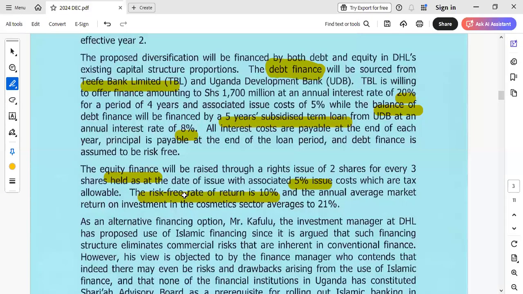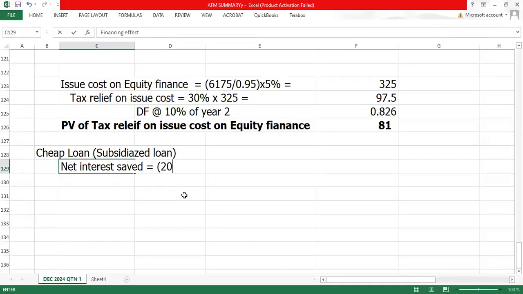What percentage are you saving on that cheap loan? 20% minus 8%. So you are saving 12%.